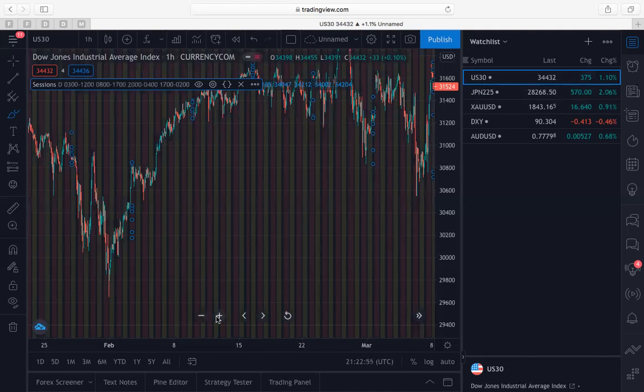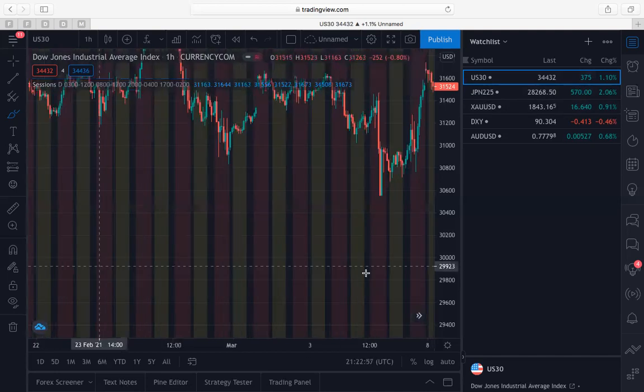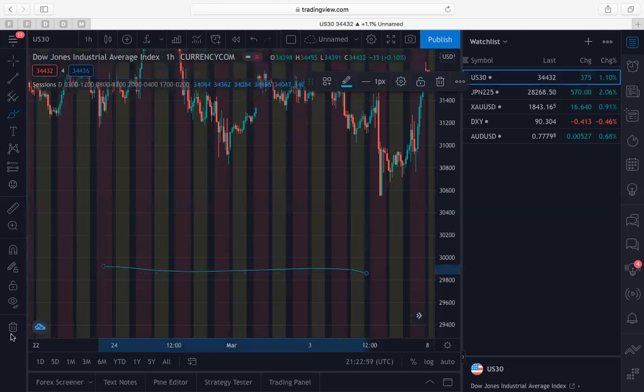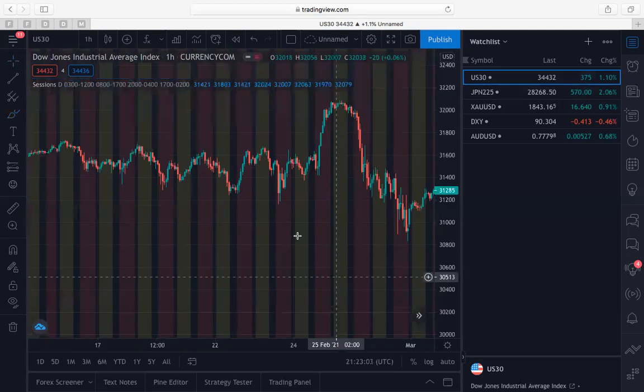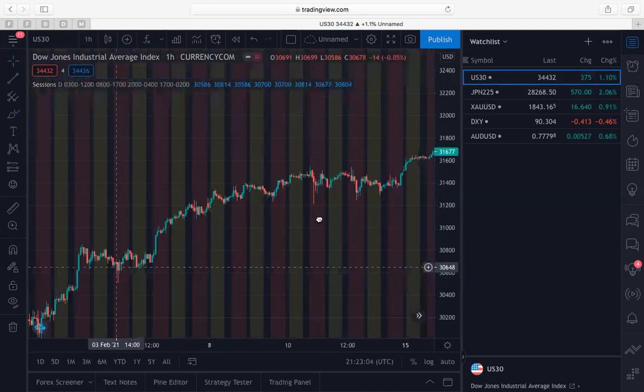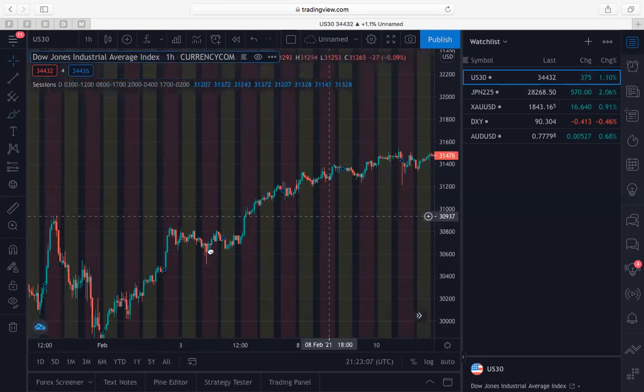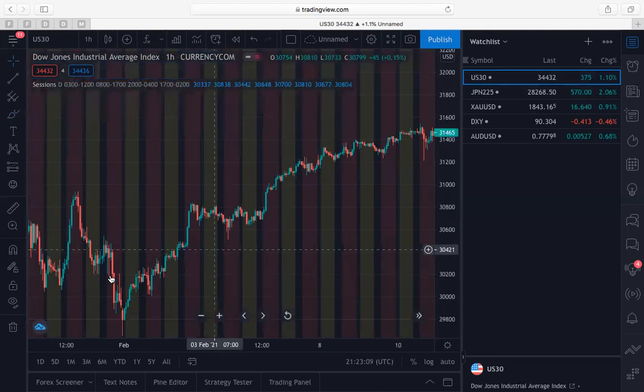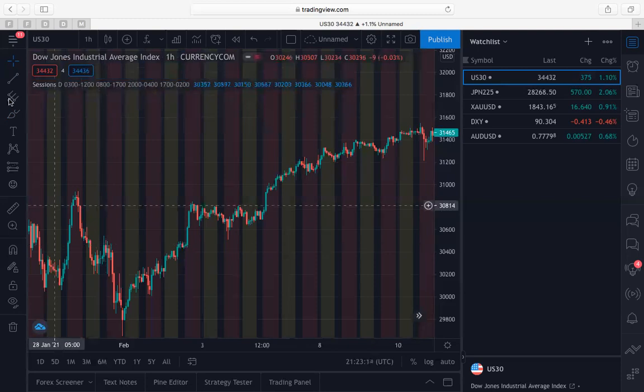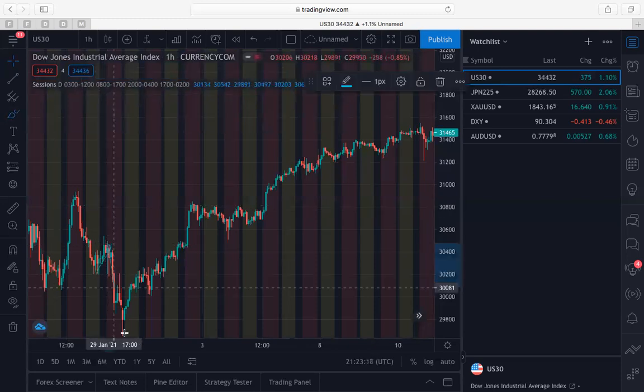So let's just zoom in. So we zoom in, okay, and let's just start at a random place. Okay, so you can see right here, this red is for New York, so you can see there was a movement up, right, and then down, and it ended.